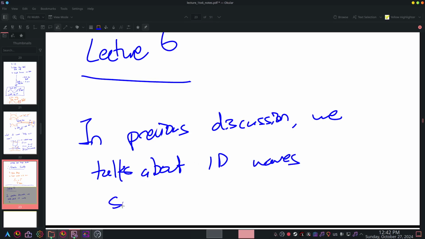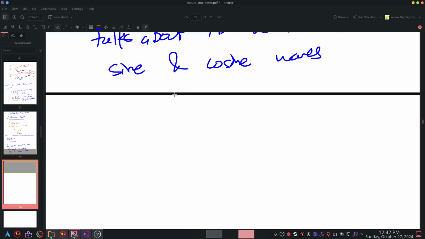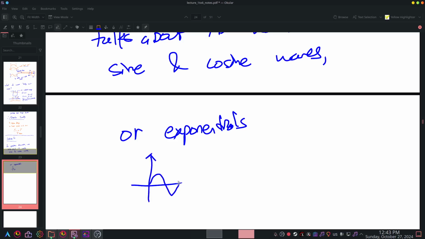These are sine and cosine waves, or exponentials. So this is a very simple sine wave, y equals sine of x.